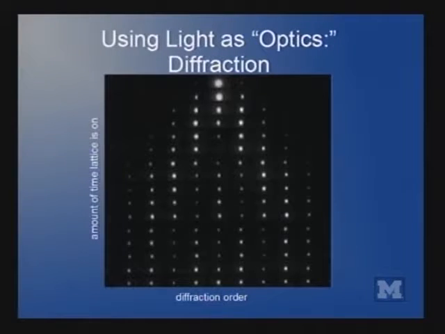And so on each row you see what happens when the matter waves, the atoms, scatter off of that diffraction grating. So at the top, the lattice is barely turned on, and there's no scattering at all. But as you move down, the lattice is on for longer and longer amounts of time. And you can see the atoms really diffract off your light diffraction grating.